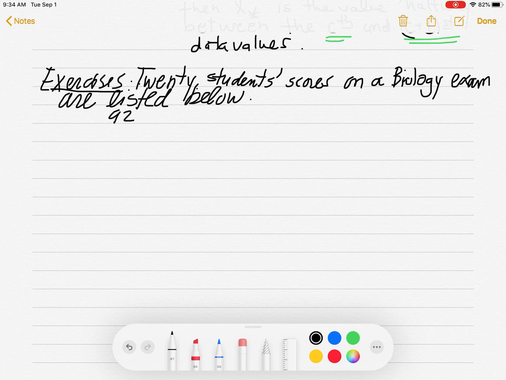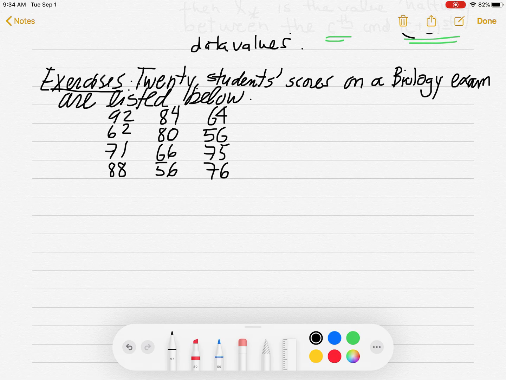20 students' scores on a biology exam are listed below. All right, here we go. 92, 62, 71, 88, 84, 80, 66, 56, 64, 56, 75, 76, 77, 84, 90, 68, 96, 82, 82, 72.